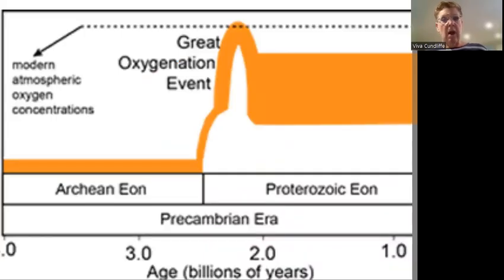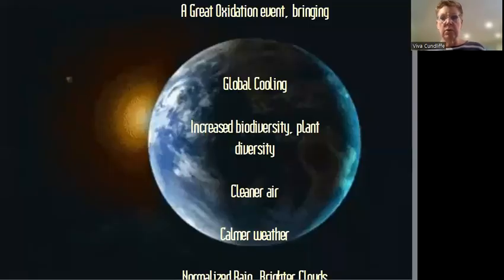Here's another graphic of the oxygenation levels across the past 4 billion years. So this was caused by the cyanobacteria of the planet. They actually collectively caused this. So it's important to know that life forms are capable of modifying a planet, even very, very simple life forms.